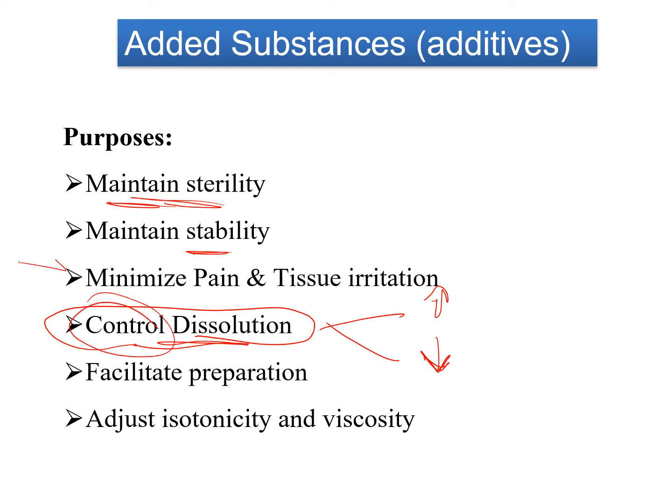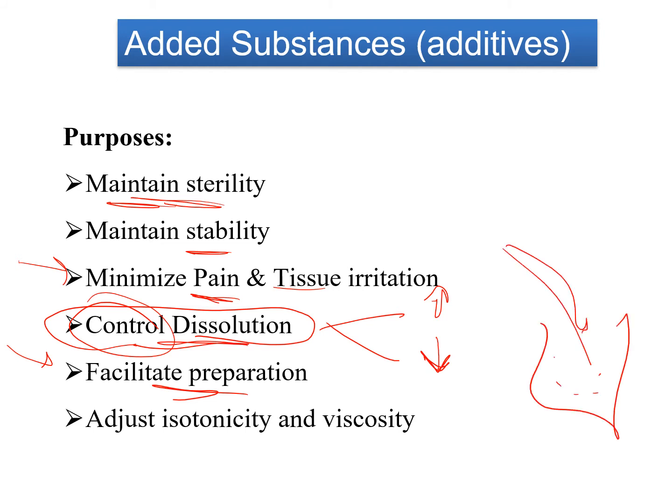To also minimize the pain during injection or after injection, to facilitate preparation. For example, if you are making powder for injection and you want this powder to be flowable because you are filling this powder into the vial, so the powder should be flowable, otherwise it will block the equipment itself.